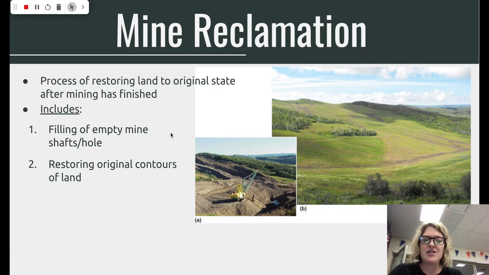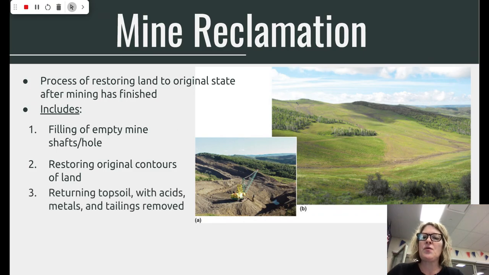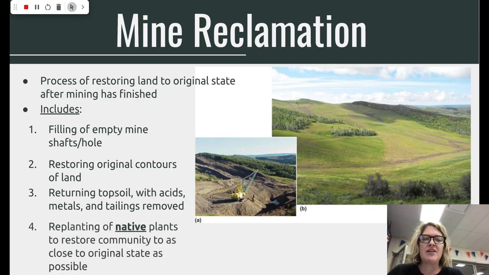As you can imagine, this would require civil and environmental engineers to come in and recreate the landscape that was there previously, essentially. So you're returning all of the topsoil, you're returning all of the acids, the metals, and the tailings that were removed. You're replanting the native plants that were there to actually restore the community.